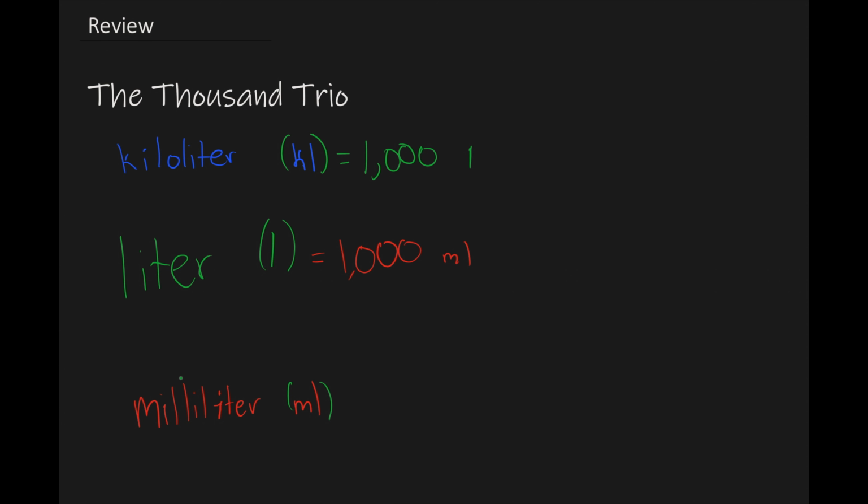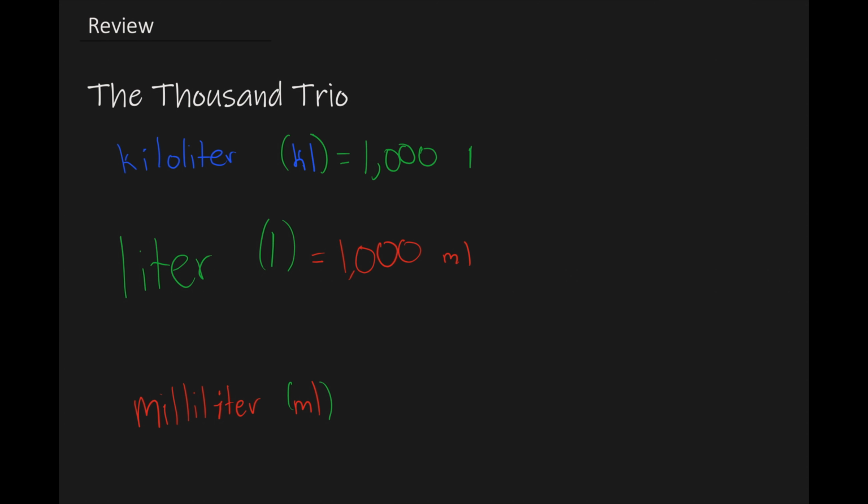So these are the 3 basic metric units of capacity. Like I said before, there's deciliter, centiliter, all those other things. We're not going to get into that. These are the 3 we're going to talk about, because they're the basic ones. This one does not have a 1,000 thing because it's the smallest metric unit of capacity.